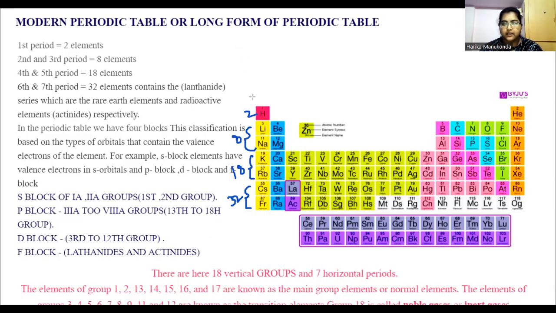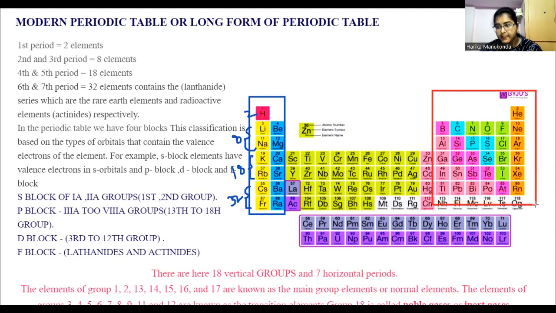He named the groups as blocks. He told that these two groups are the S block. What block, children? S block. And from boron to helium, it is the P block.